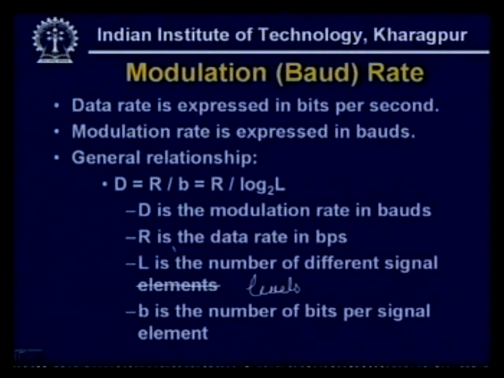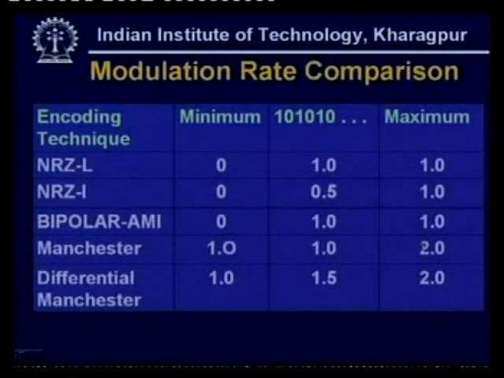R is the data rate and D is the modulation rate, so R will be equal to D into log 2 L. That means the data rate R will be more whenever you are using more signal levels, as we shall see. Because of this, the efficiency will be more whenever the data rate is more than the baud rate. Let us see what the situation is for the codes that we have discussed.